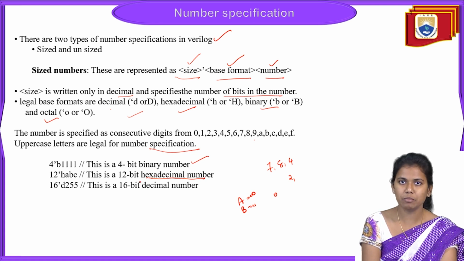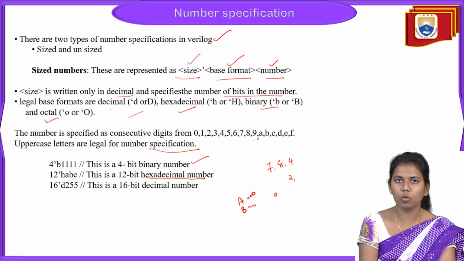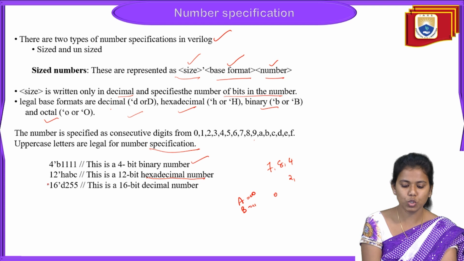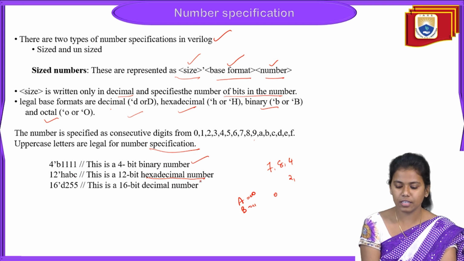Because here we see values of more than 9. We represent those in the uppercase letters, which is a legal form of number specification, that is A, B, C, D, E, F. So 12'hABC is a 12-bit hexadecimal number.